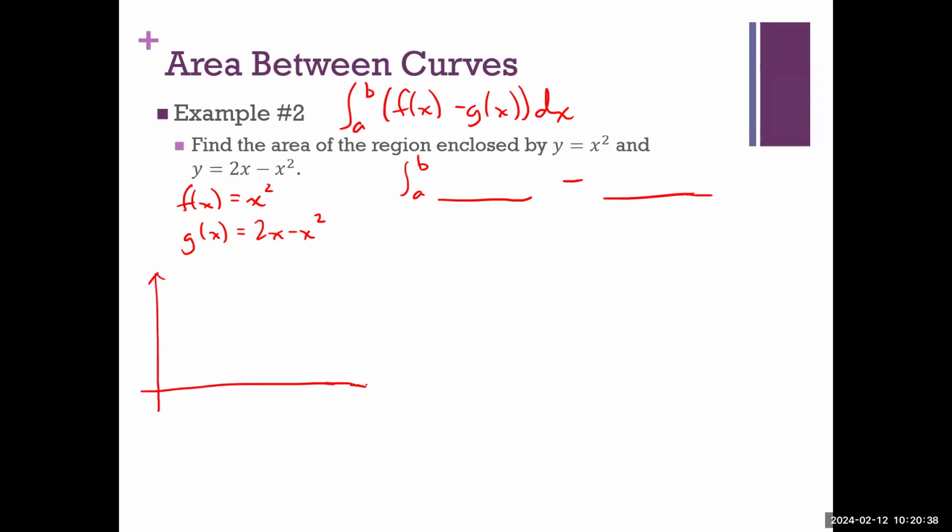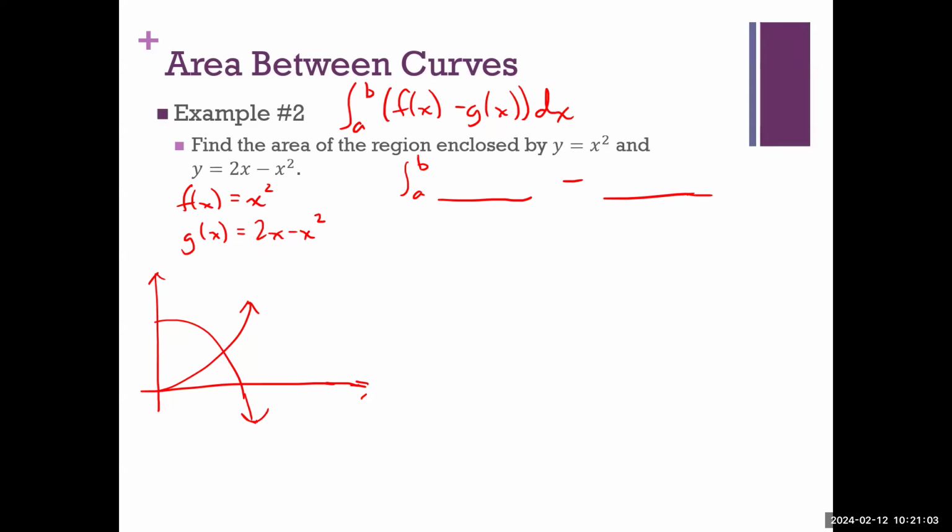I will tell you right now, without giving you any more details, this graph sort of looks like this. Something like that, right? So it definitely depends on what x values I choose, because that'll tell you which curve is above the other.